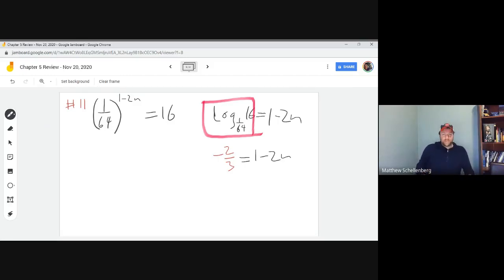And now I can solve for n. And so I don't like negatives, so I'm going to add the n to the other side. So I have 2n minus 2/3 equals 1. And then I'm going to add 2/3 to both sides.